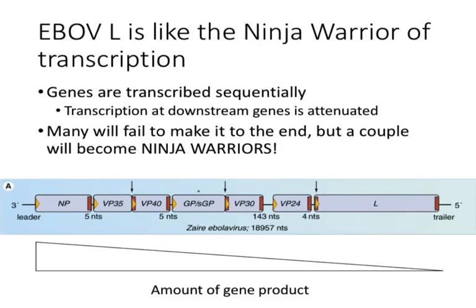What's actually required, I think VP35 might be required for keeping it on there. I don't know exactly all the mechanisms, and actually this has been one of the really hard areas of Ebola virus. We just don't know because we don't have great models for this. The paper that this came from is maybe 3 or 4 years ago, and at that time they didn't have a clue.